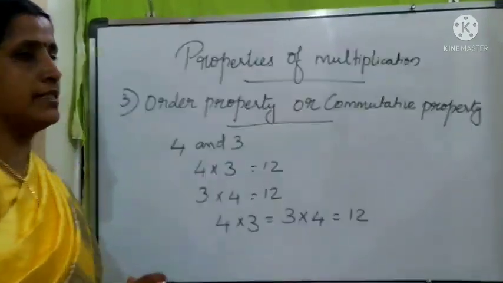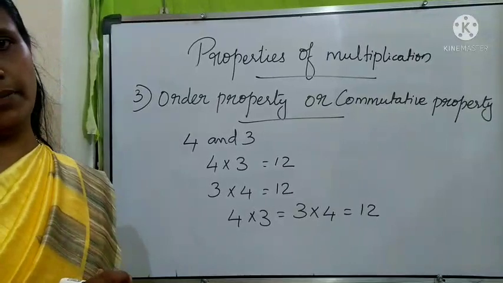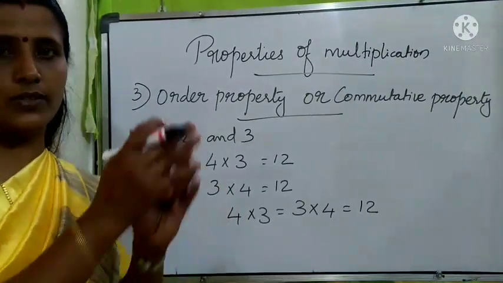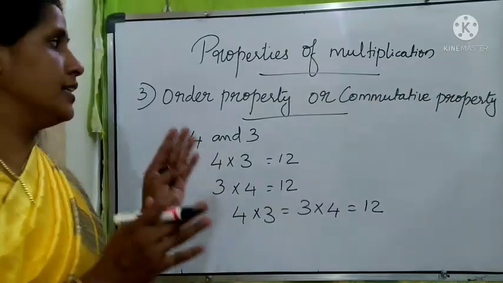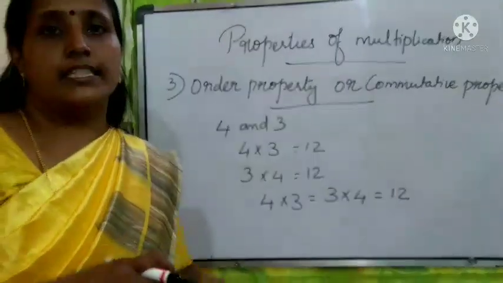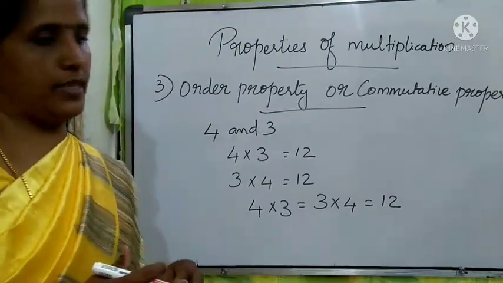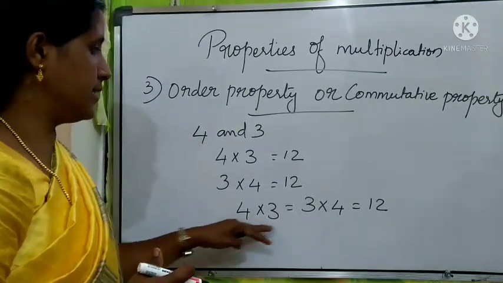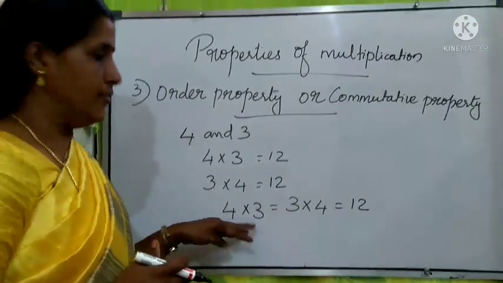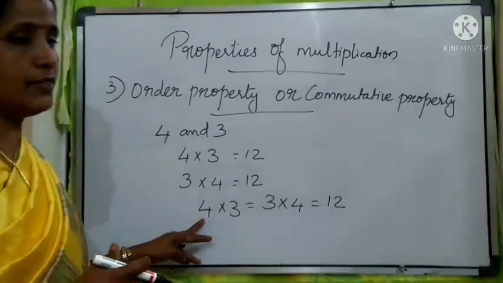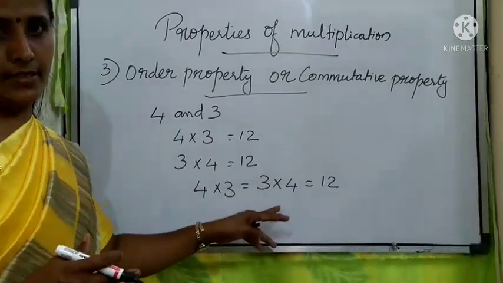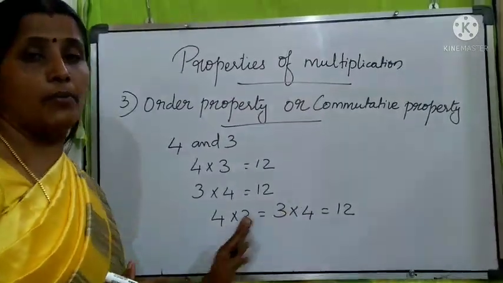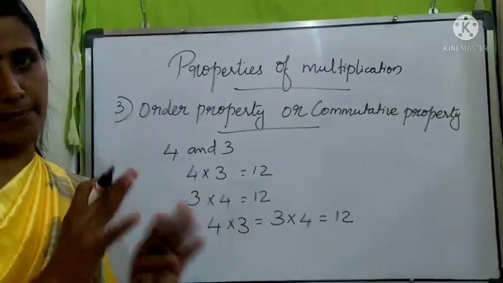This order property means when we change the order of the numbers, putting the second number first, in multiplication there is no change in the product. Here I write 4 as the first number and 3 as the second. But here I write 3 as the first and 4 as the second. In both cases the answer is the same.